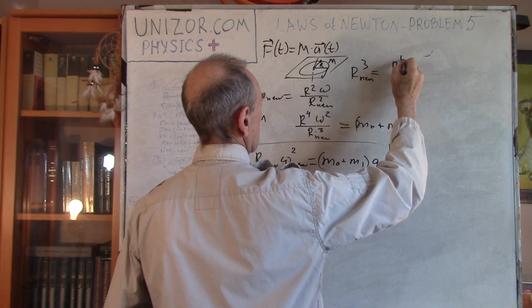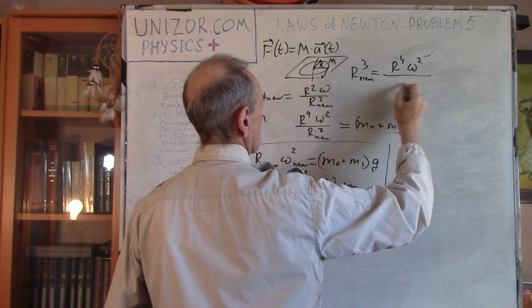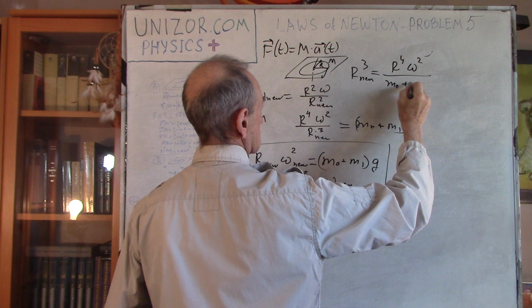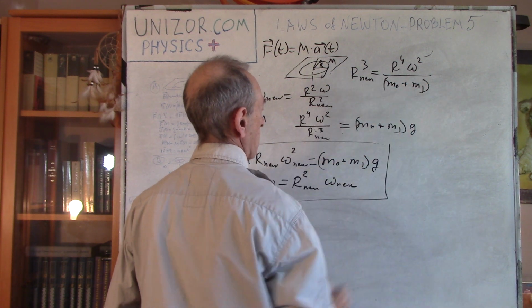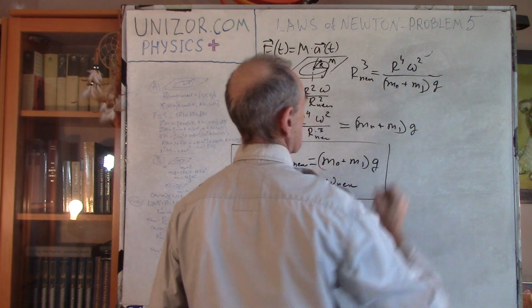So r nu cubed is equal to, this goes here, this goes there. So it would be r to the 4 omega squared divided by m0 plus m1 g.